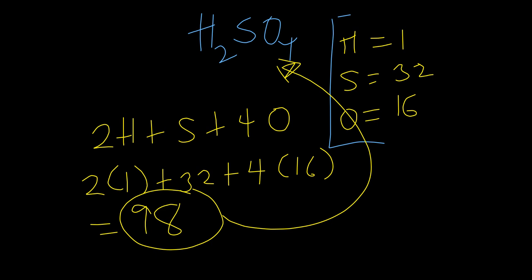Relative atomic mass simply refers to the mass of one atom of a substance divided by 1 over 12 the mass of carbon-12, whilst the relative molecular mass simply refers to the sum of all the masses of all the individual atoms in a molecule. So it's as simple as that.